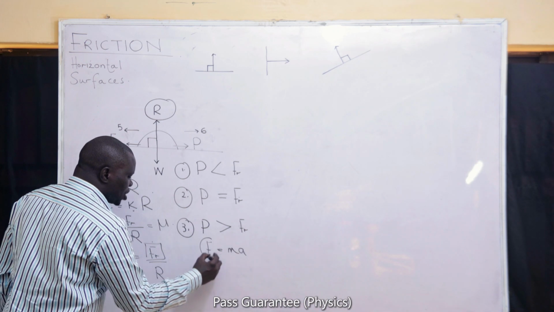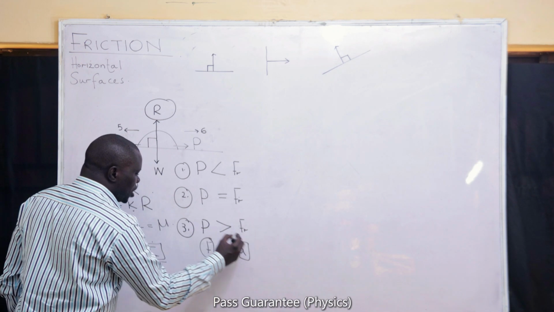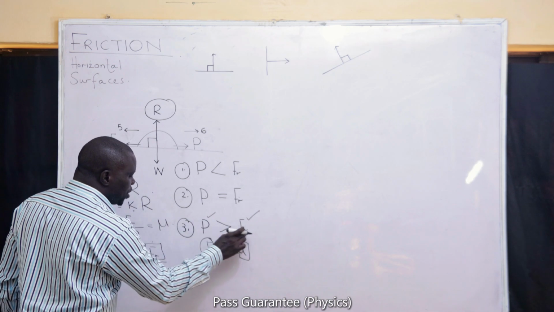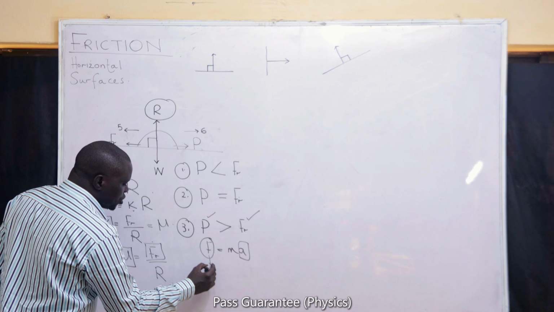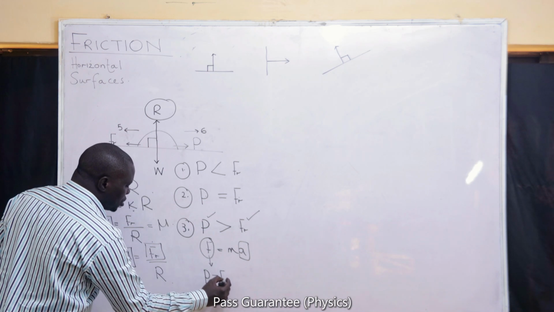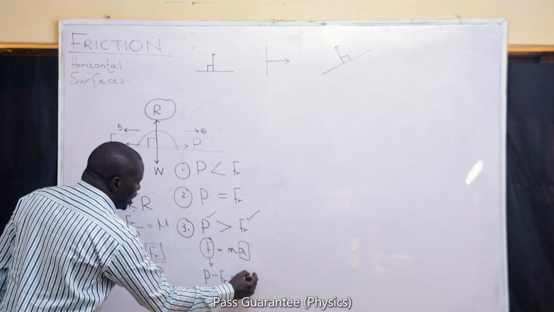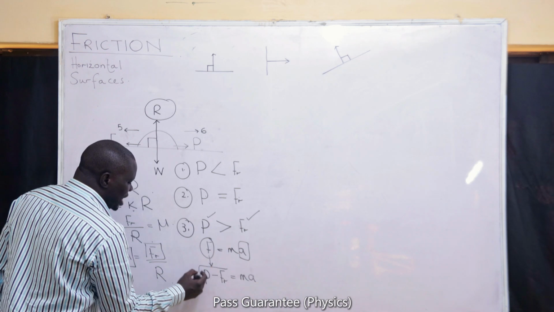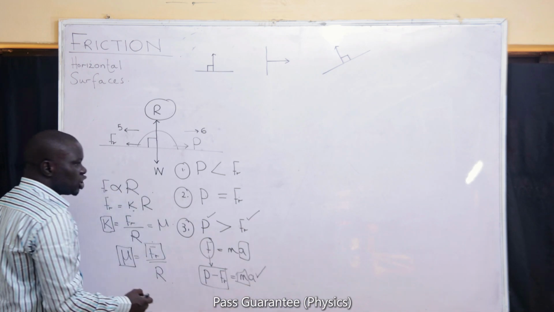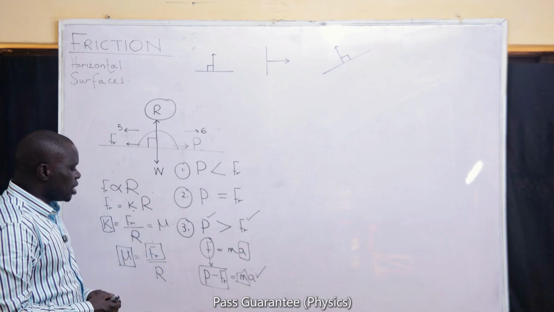The force that is causing the acceleration now is not P, it is not F, it is the difference between P and F. The difference must become P minus the friction, and that will be equal to ma. I can use that now, if I know the mass of the object, to determine the acceleration with which the object is going to move away from that point.